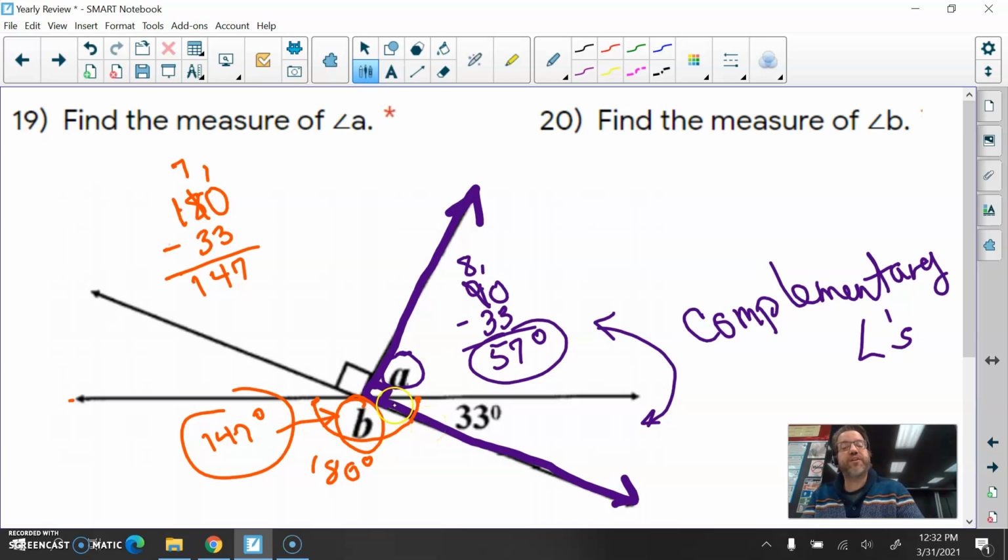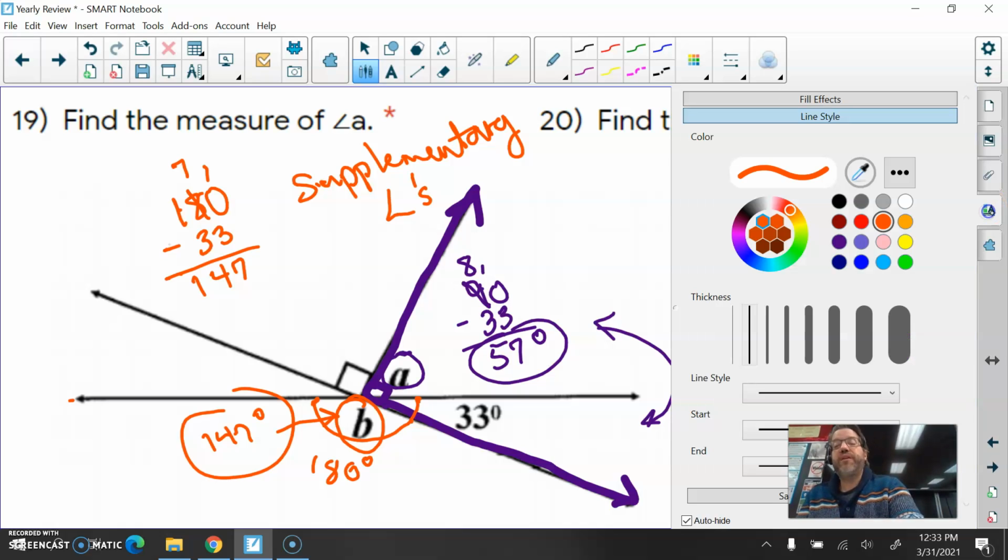These angles that are adjacent to each other here and total 180 degrees are known as supplementary angles. Supplementary angles total 180 degrees.